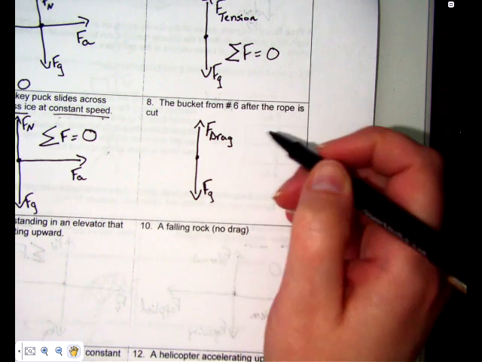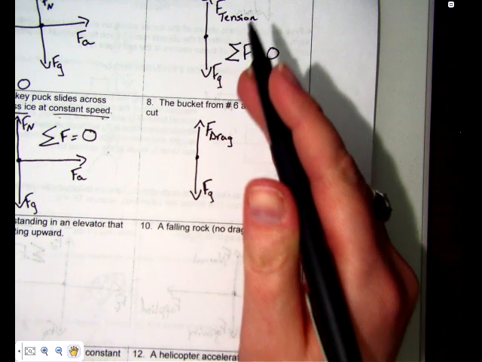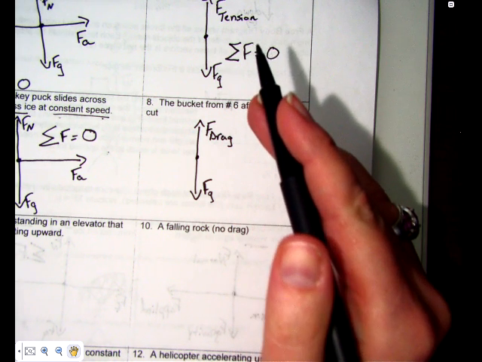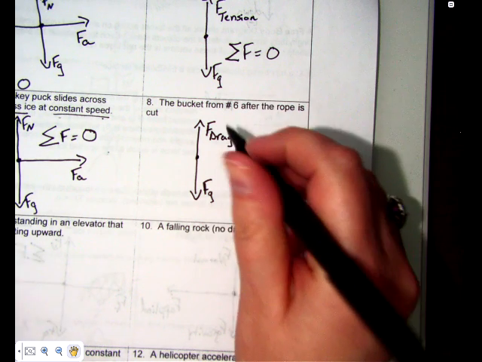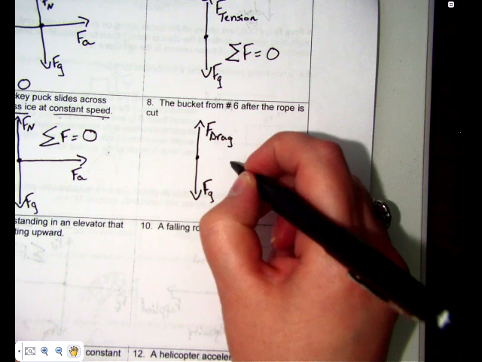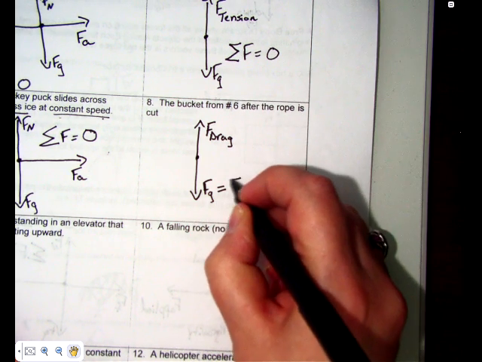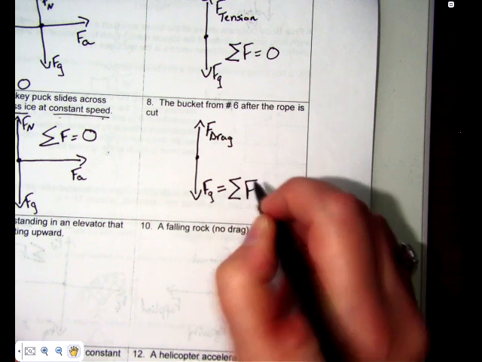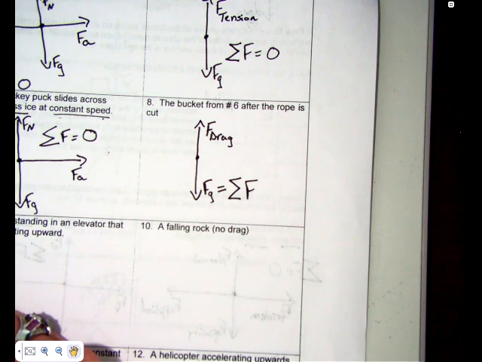Now it's not going to be enough to still hold the bucket up in the air. It's not enough even to slow the acceleration toward the earth. So now in this case the force of gravity is the net force. So I'm just going to write the force of gravity is equal to the net force.